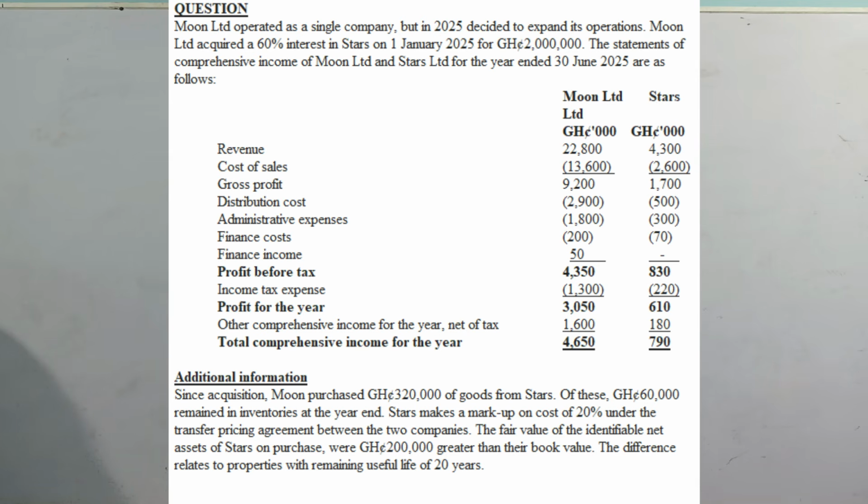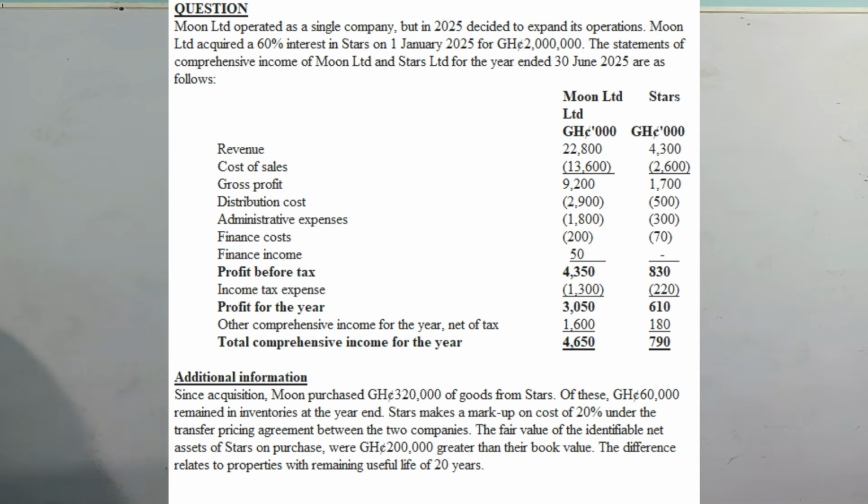And then we have finance income. Finance income is 50 for Moon and there is nothing for Stars, giving us a profit before tax of 4,350 for Moon, 830 for Stars. And then there is income tax expense, 1,300 for Moon, 220 for Stars, giving us profit for the year of 3,050 for Moon and 610 for Stars.